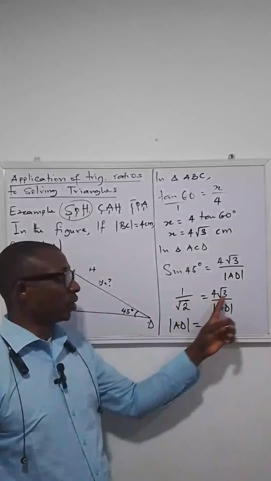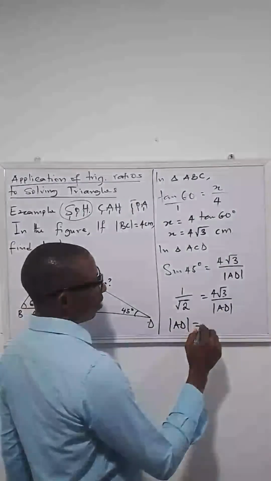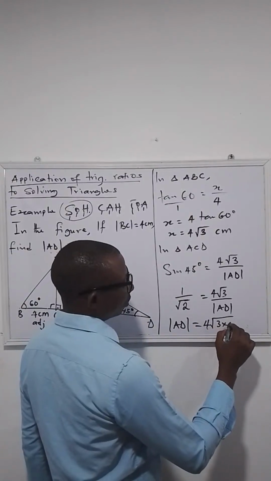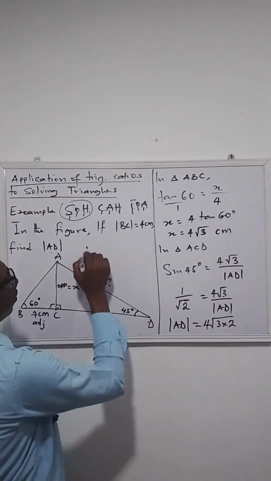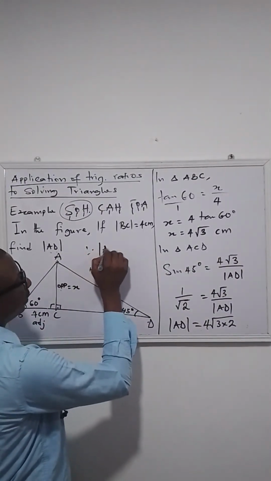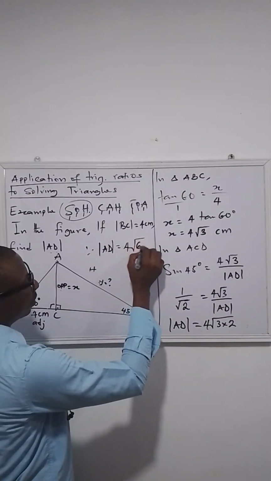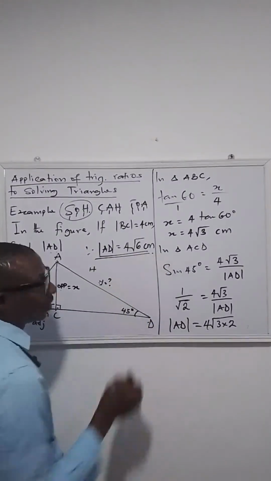So you use this to multiply this. Surd will multiply surd. So we have 4 square root of 3 times 2. You get that? So therefore, AD equals 4 square root of 6 centimeters. So this is going to be the answer to the problem.